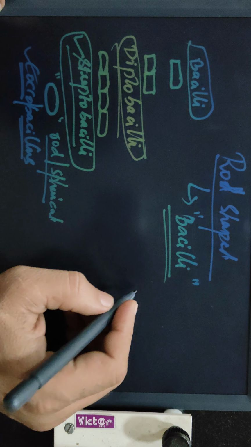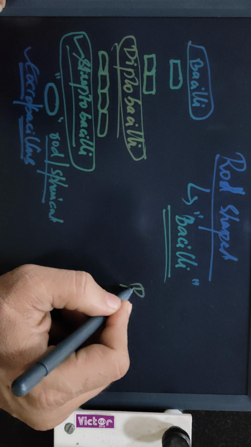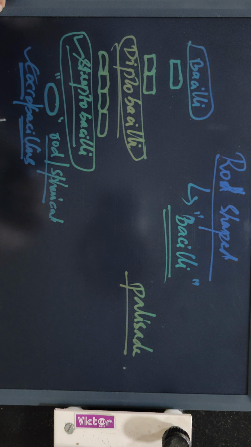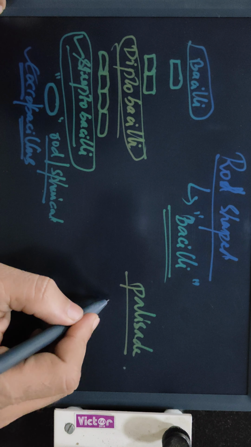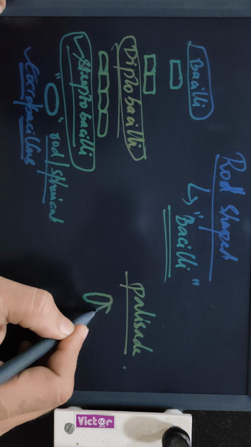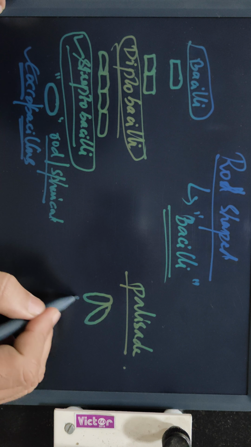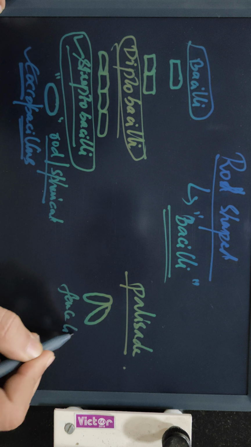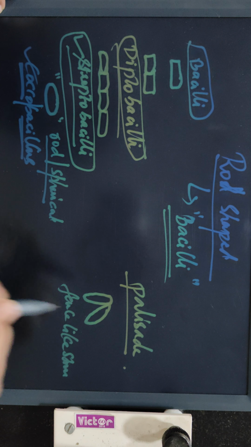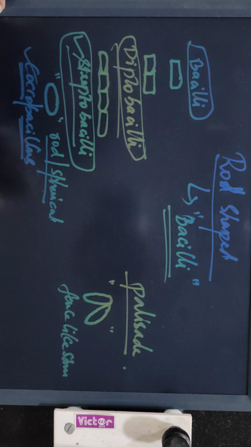Along with this, you have palisade, and here you have the cells forming a fence-like structure where it is giving a support. So such a form is called palisade. So let us see examples for this.